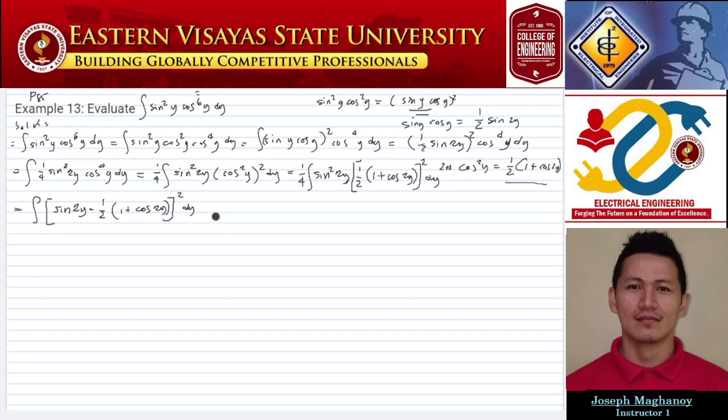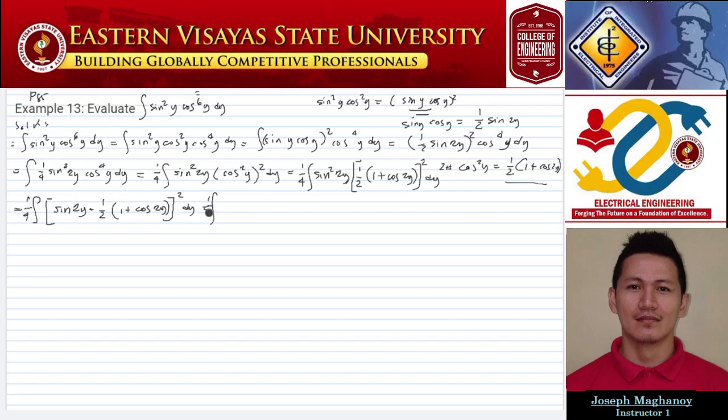Okay, so what are we going to do? We need to rationalize. So we still have power. If we're going to multiply our 1/2 both sides, a real number constant 1/2, we multiply both sides to sine 2y and quantity 1 plus cosine 2y. Oops, I think we forgot the 1/4. Wait, we have 1/4 here, right?